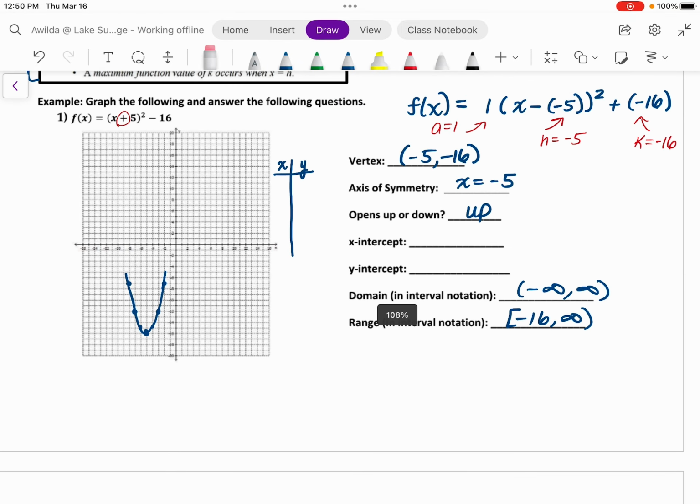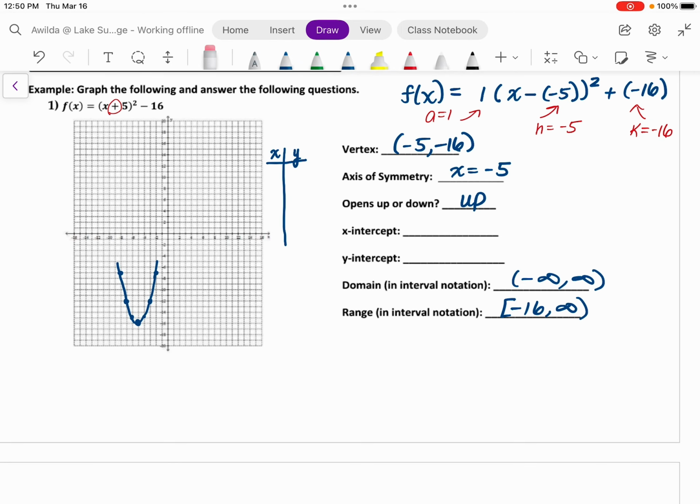So by solving for the intercepts algebraically, what we're saying is we're going to set each variable equal to 0 and solve for the opposite variable. So if I set y equal to 0, for instance, I get 0 equals x plus 5 quantity squared minus 16, which means that 16 is equal to x plus 5 quantity squared.